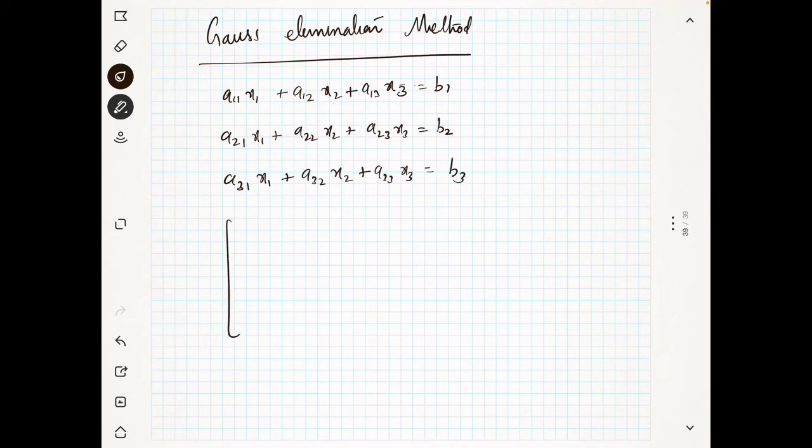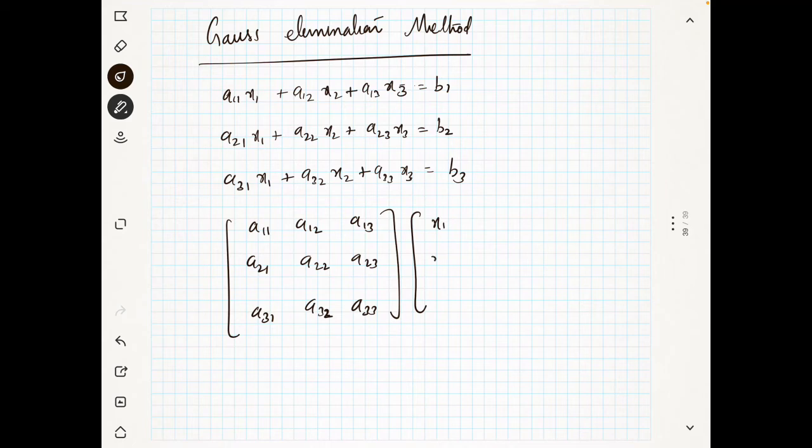I can write it in matrix form: a11, a12, a13, a21, a22, a23, a31, a32, a33, times x1, x2 and x3, and on the right hand side b1, b2 and b3.